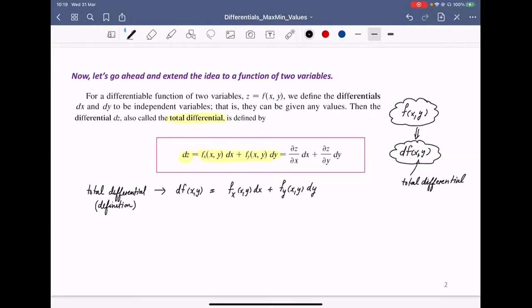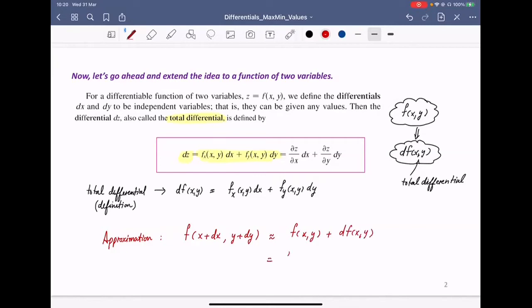All right, when you try to do the approximation, you're going to have an approximation equation as well. So the approximation equation, if you have f(x plus dx, y plus dy), you can approximate it by f at the point (x, y), and then add the total differential.